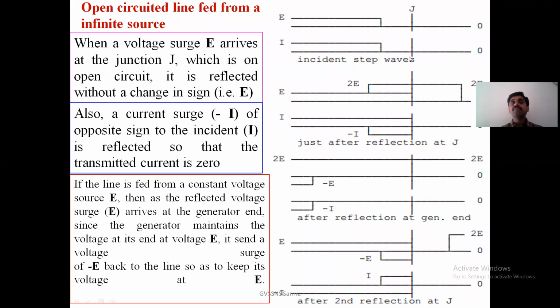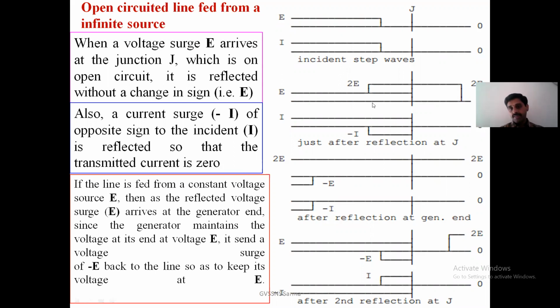In the previous case we have seen the reflected wave is equal to the incident wave E. Also, the current surge, minus I of the opposite sign to the incident I, is reflected, so that the transmitted current is 0. Since it is an open circuited line, there cannot be any current. That's why whatever the incident current is, it will be reflected with a minus sign. Therefore, the transmitted current is I minus I, 0.